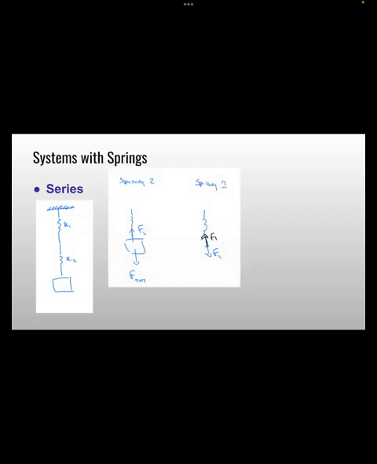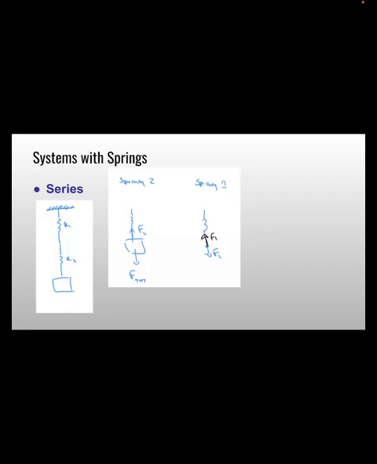So on the bottom spring, spring 2, we're going to have the total force, which is the weight of that object, and the spring is going to apply an equal force in the opposite direction, F2. And then spring 1 is going to feel a downward force, F2, so it's going to apply an upward force on the second spring.